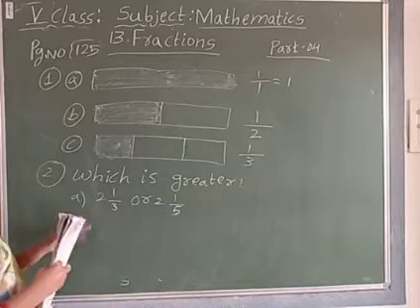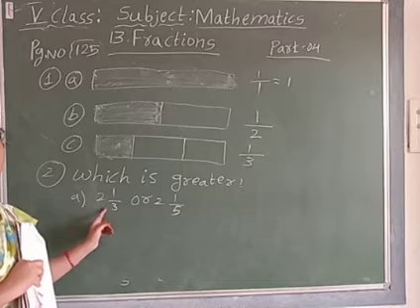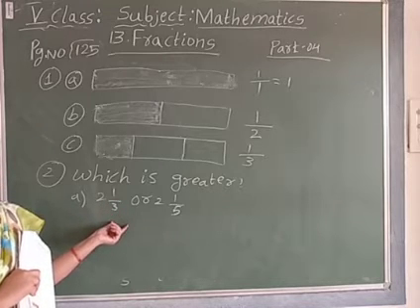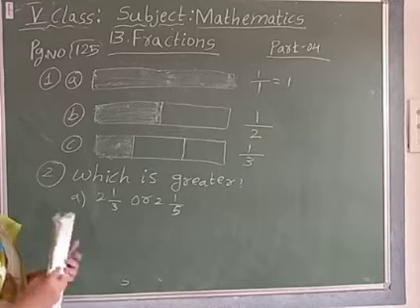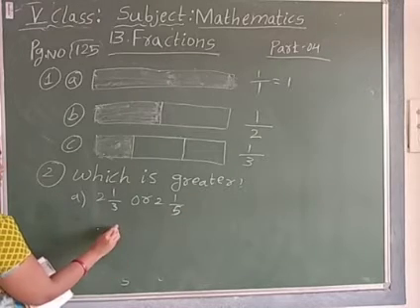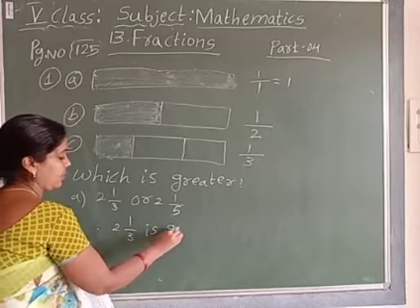So which one is greater? As I said before, the fraction having the smaller number in the denominator place is the greater fraction. Therefore 2 1 by 3 is greater.